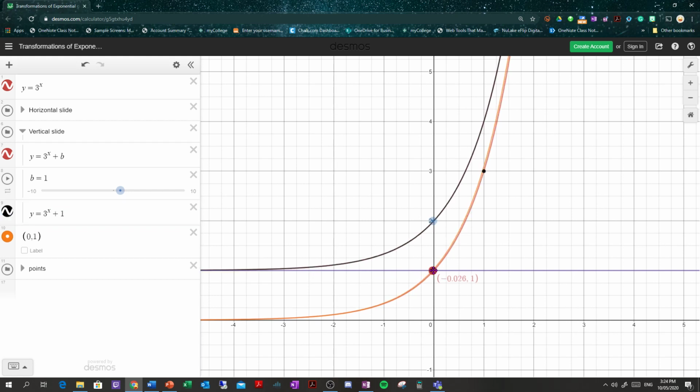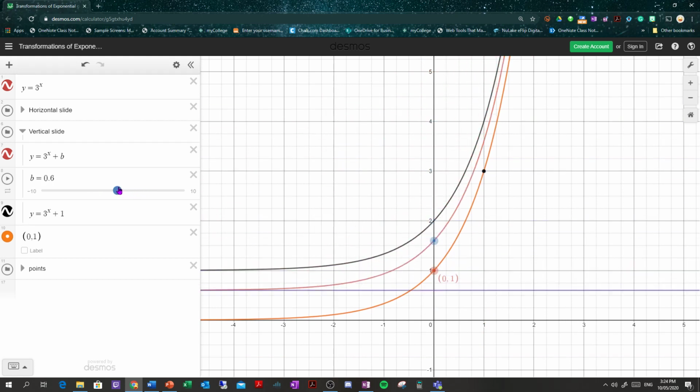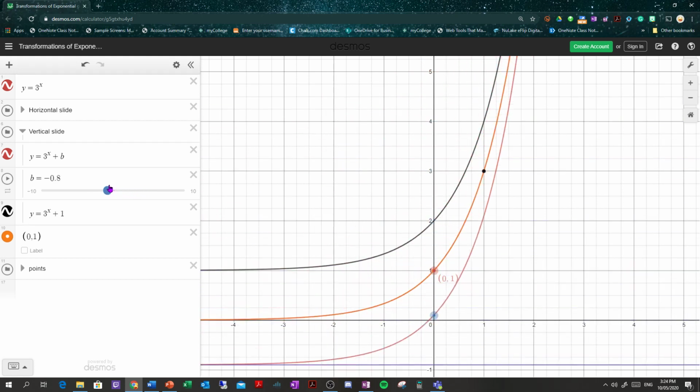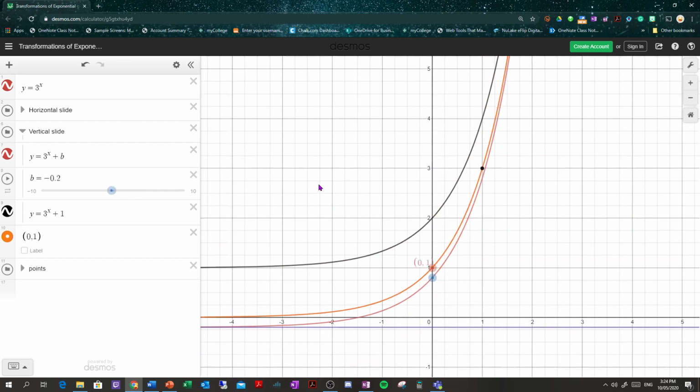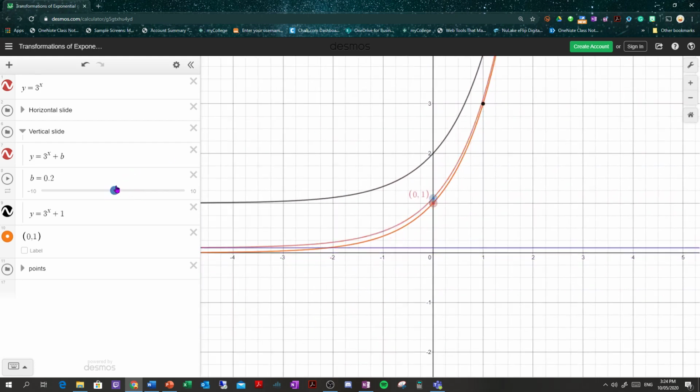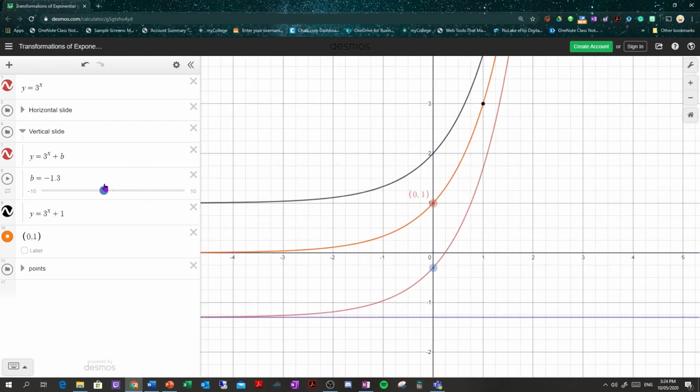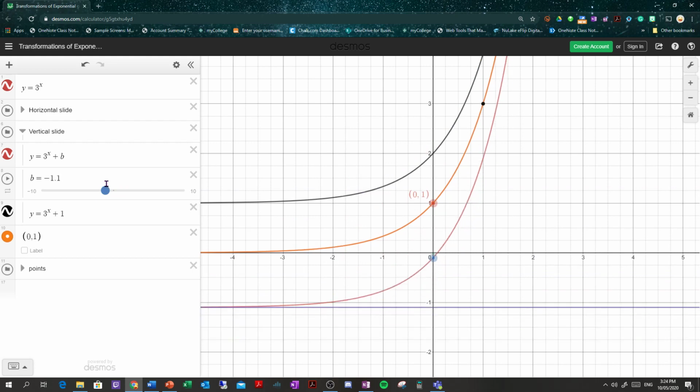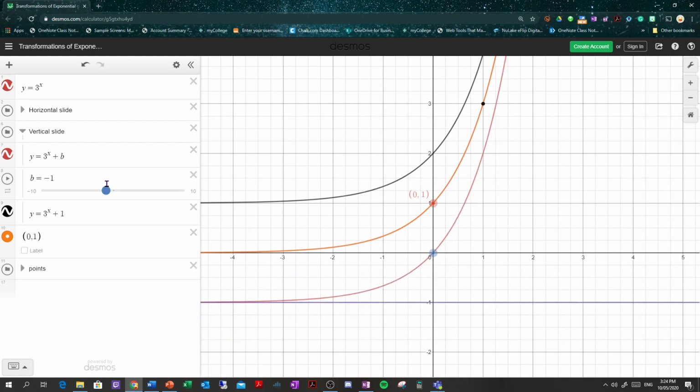We have to be comfortable with the idea that as we move the graph up and down, the asymptote also moves with that slide, just like a hyperbola. So that's really all there is to slides up and down.